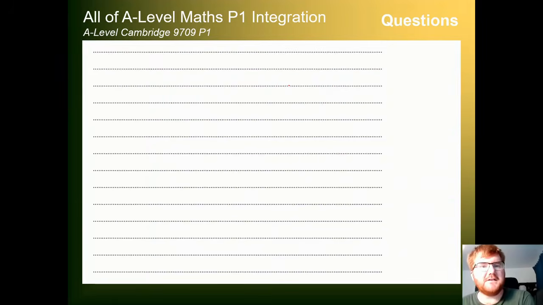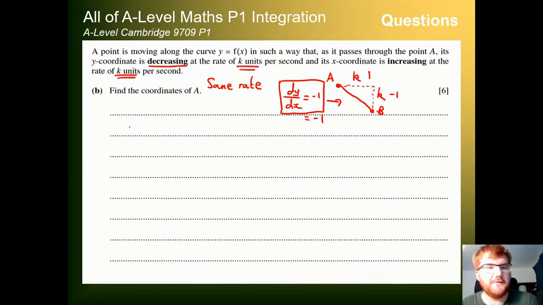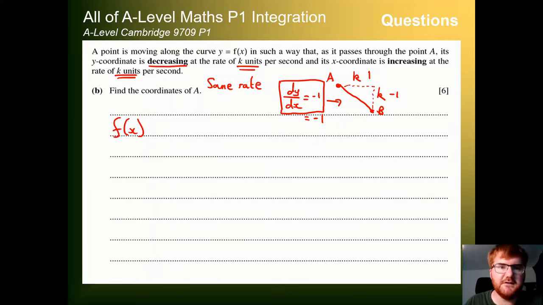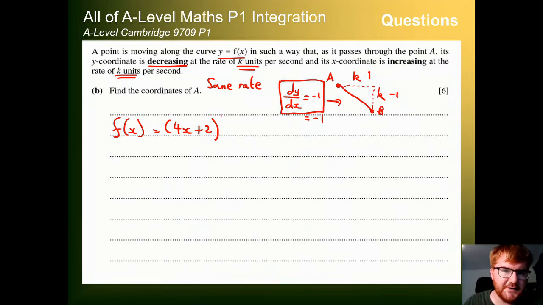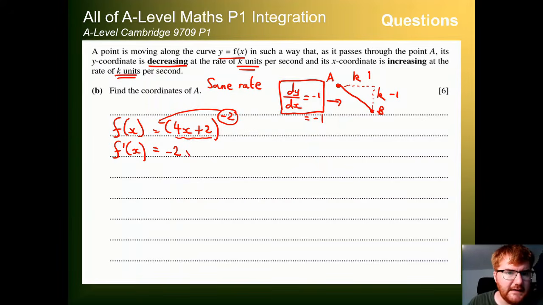Okay, so if we go back to our initial function here, f of x, because it's moving along this curve, 4x plus 2 to the power of minus 2. So if I differentiate this, so if I do f dash of x, the way to differentiate this, we take the minus 2, bring it to the front, so we get minus 2, differentiate what's in the bracket, that's 4, and then we take the entire bracket and reduce the index by 1, minus 2 minus 1 is equal to minus 3.